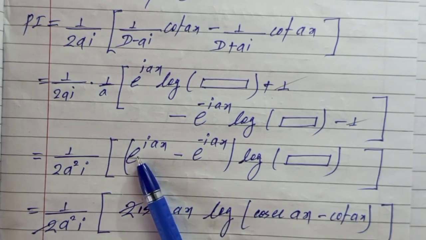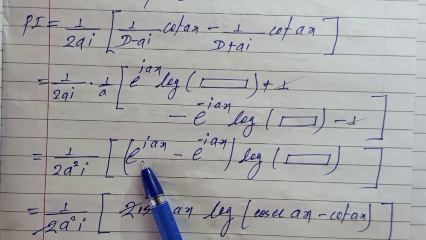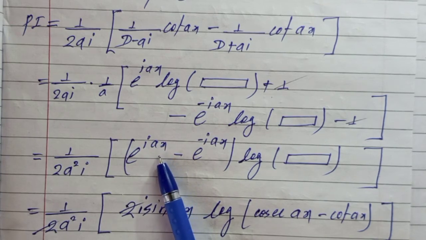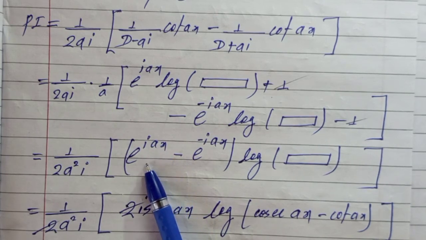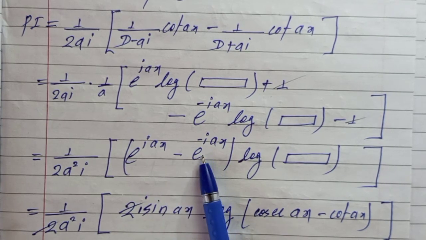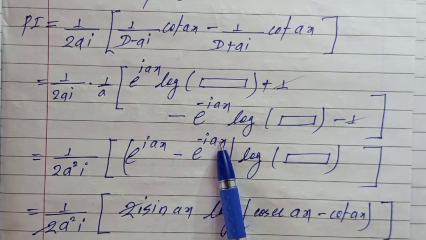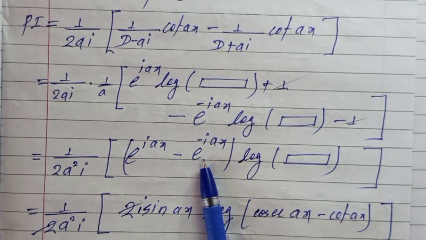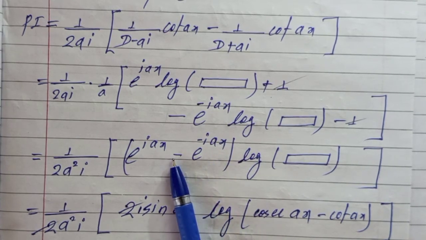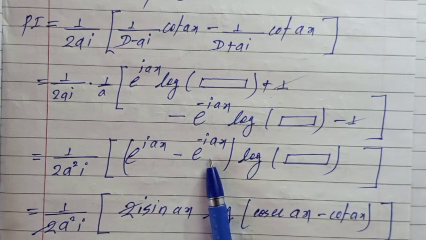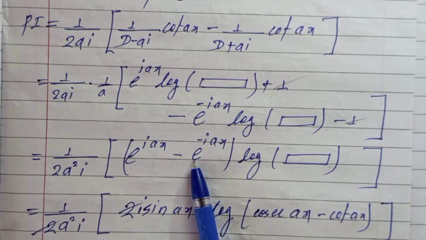Then after we'll write the value again by Euler theorem, that is e to the power iax will be cos ax plus i sin ax, and e to the power minus iax will be cos ax minus i sin ax, and there is a minus, due to which the negative sin ax is going to be positive and the positive cos going to be negative.